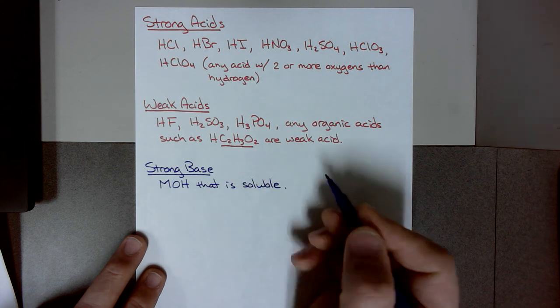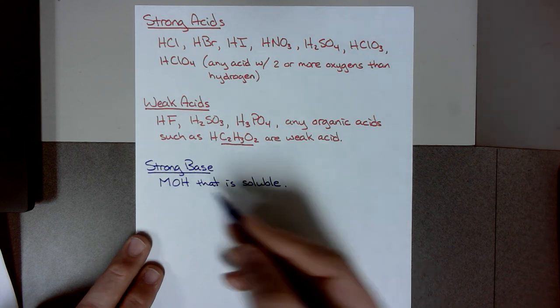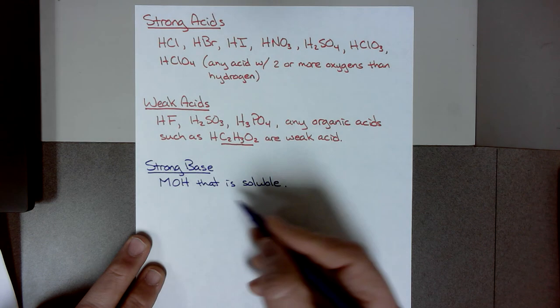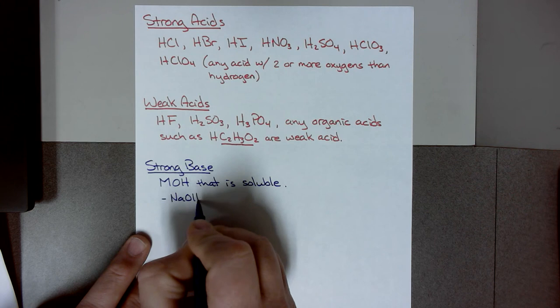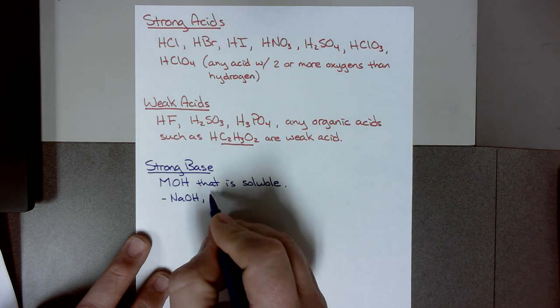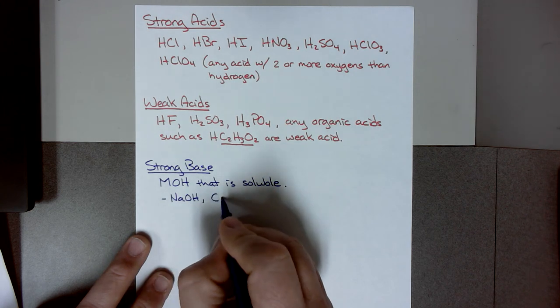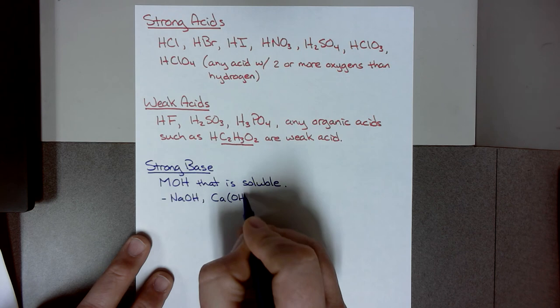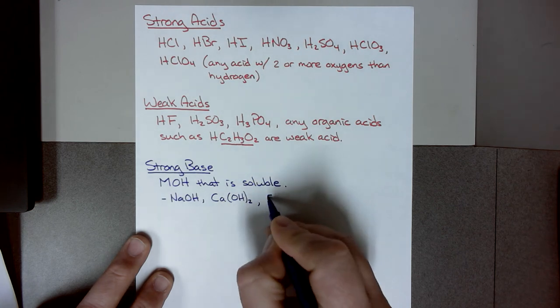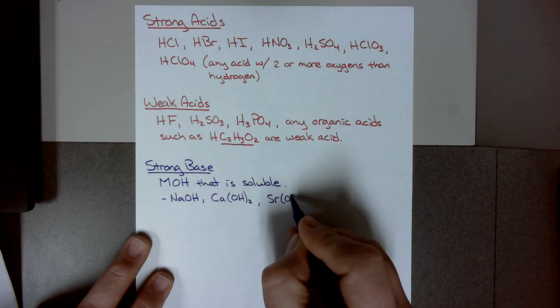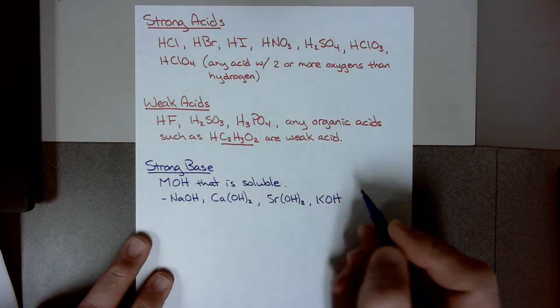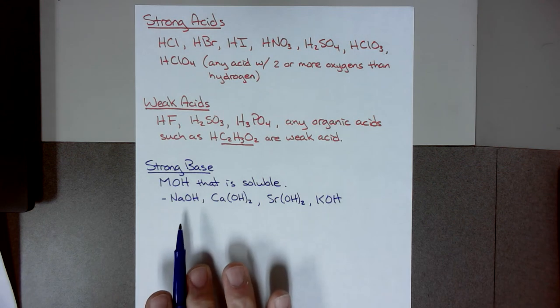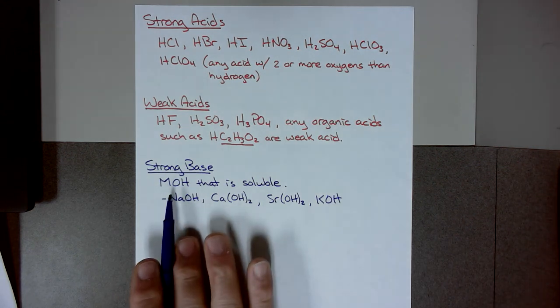So that would be like anything with group 1, so that's NaOH, or Ca, calcium hydroxide, or strontium hydroxide, or potassium hydroxide. So those are all soluble OH compounds, hydroxide compounds.